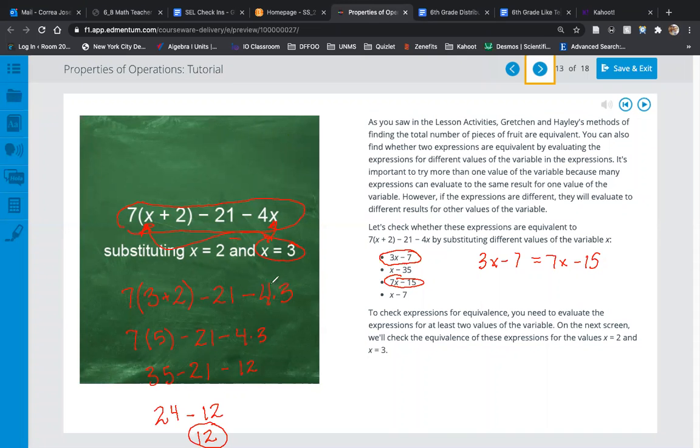Also, once you guys get into the 7th grade, if you're using something like a scientific calculator, what you can do is take this entire string here. If you were to type this string exactly into your calculator as you see it with the parentheses, your calculator knows the order of operations. It's going to spit out the correct answer, right?